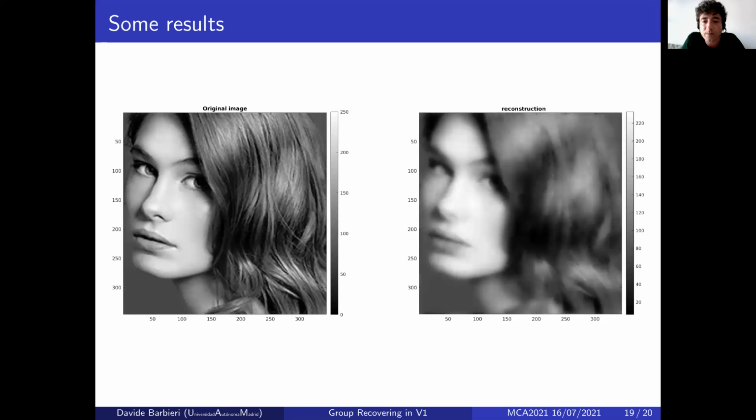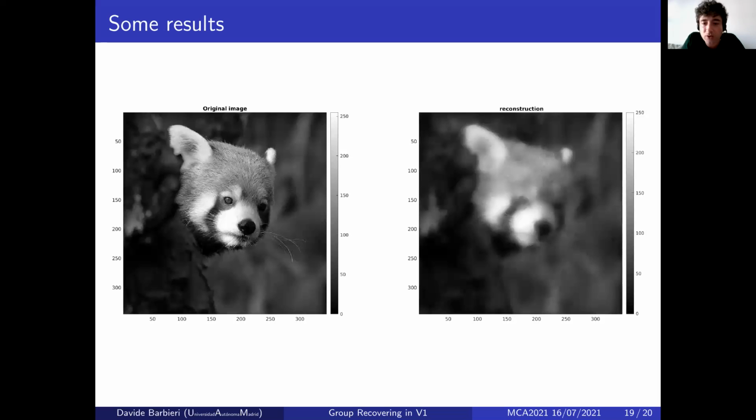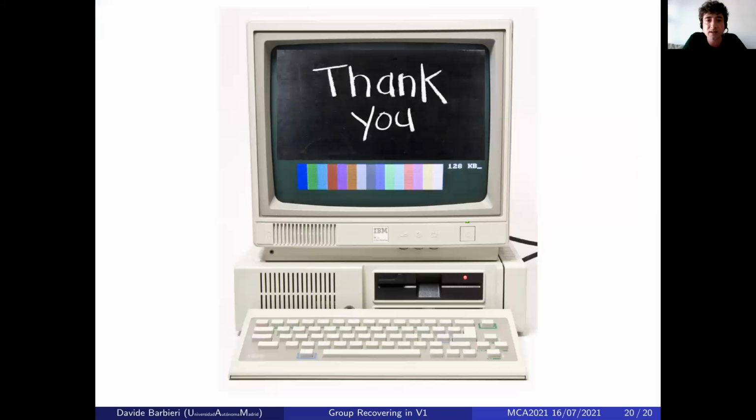So again, these are not perfect. I hope you can see that many details are lost, but it's kind of a first step. So this was the problem I wanted to discuss, and I hope I did not miss the point too much.